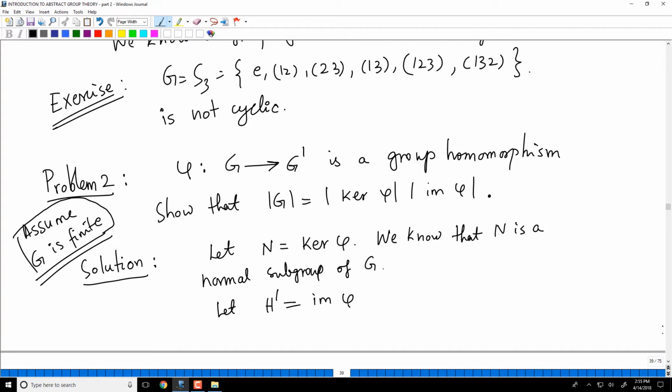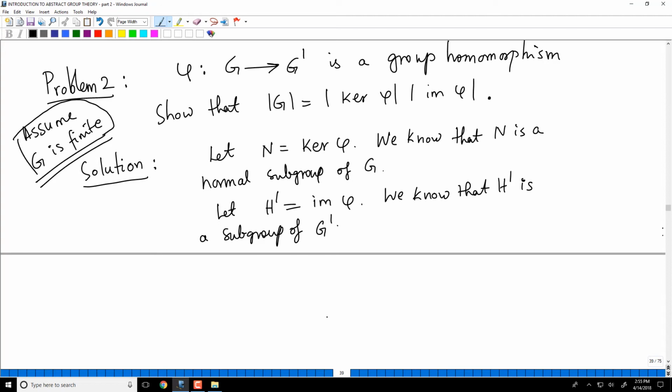Instead of writing kernel phi, image phi all the time, I am giving them names. Image phi is a subgroup of G prime, and in general it's not a normal subgroup, as you should think of an example.